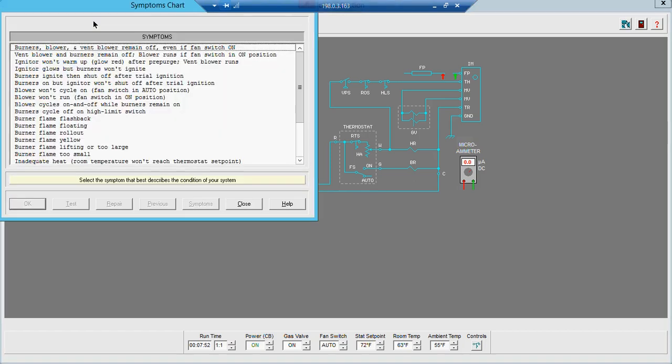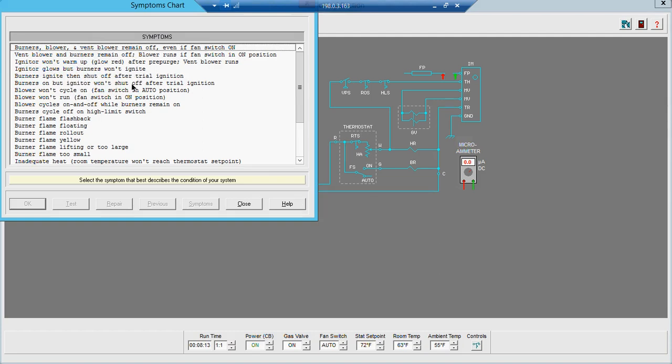So we go over to our symptoms chart and see what we can figure out. We know that the burners are lit, the burners ignite and then shut off after trial for ignition.